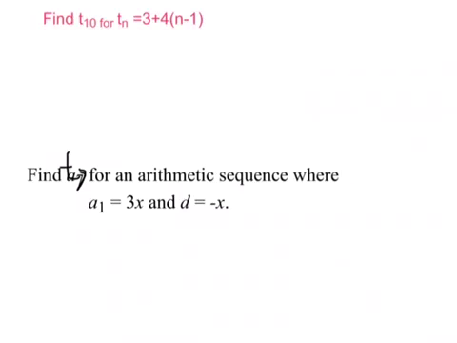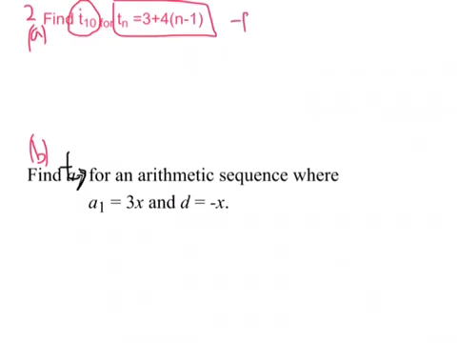So this is number 2a and b, and it says find T10 for this formula. Tn equals 3 plus 4 times n minus 1. Well, T10 really means it'd be like writing f at 10, right? Sub in x equals 10 and get the value of y.